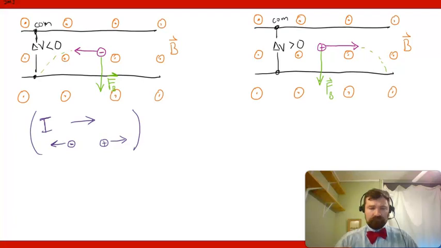Now, there are other applications than just figuring out whether it's a positive or a negative charge that is carrying the current. Let's say that instead of a wire, I have a sheet, and maybe it's a metal sheet, so I know that it's negative charges, or positive charges or whatever.